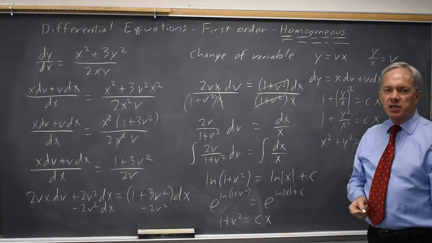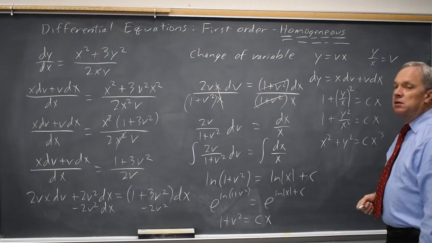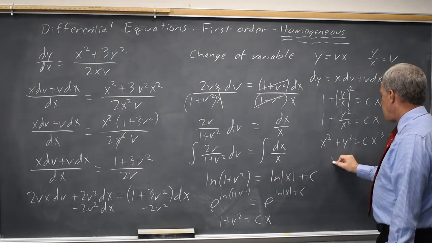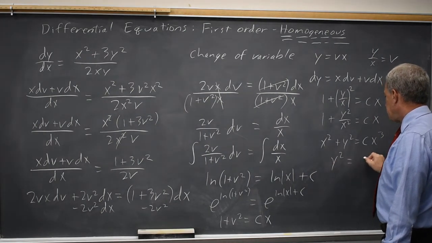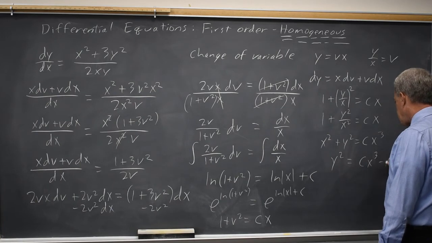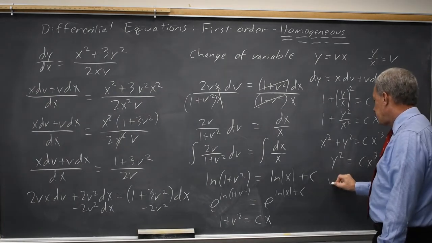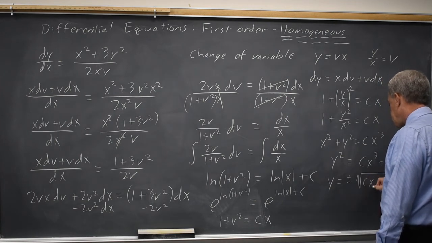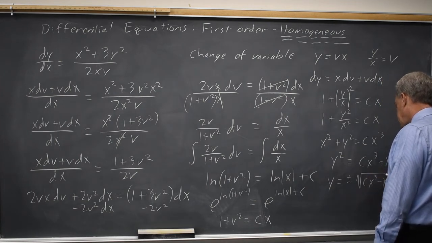I could stop here. I could solve for y. In this case, I'll solve for y. y squared equals cx cubed minus x squared. Square rooting both sides, y equals plus or minus the square root of cx cubed minus x squared.